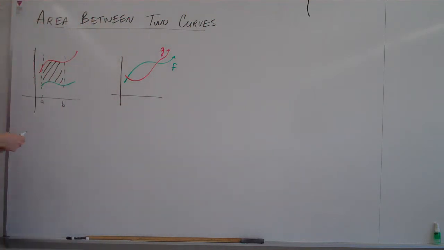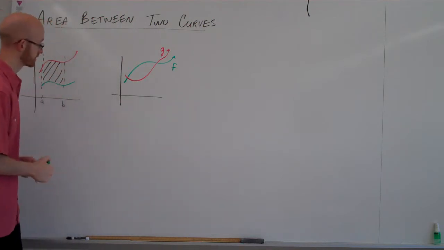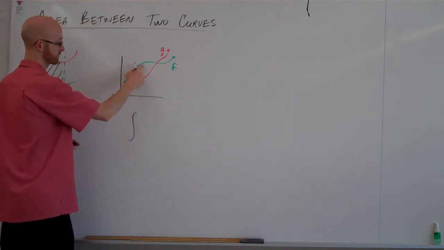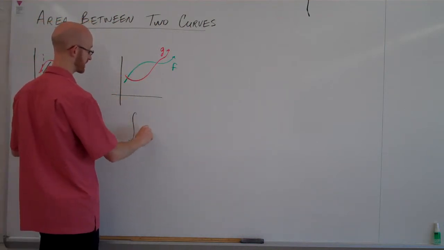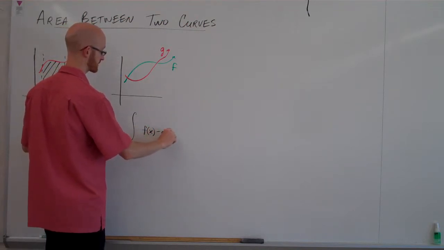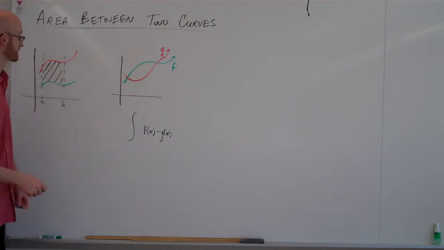All you would do in this case is integrate. You can see clearly f is on top, and you'd have to think about that and figure it out. f of x minus g of x, because f is on top, it's the one in green.